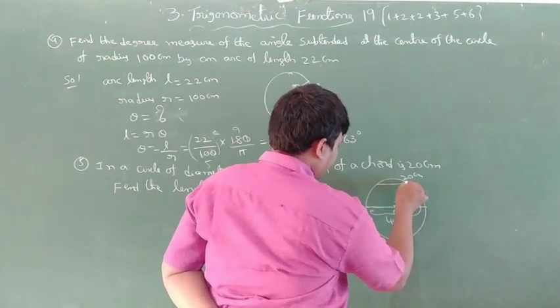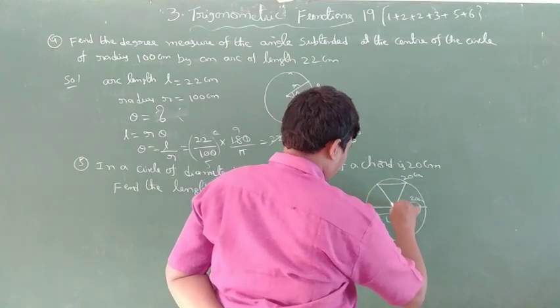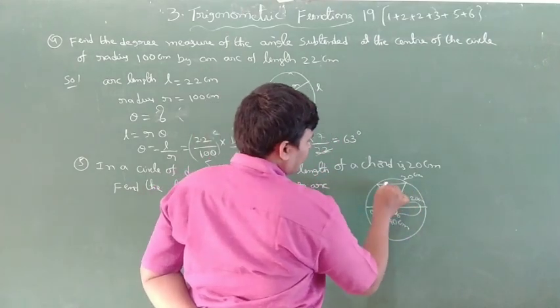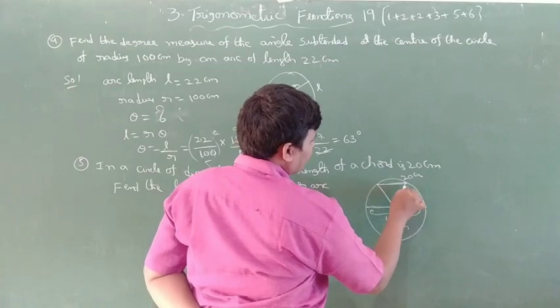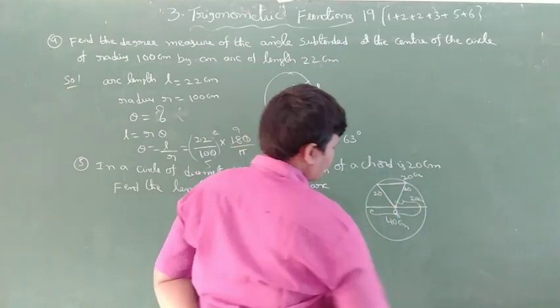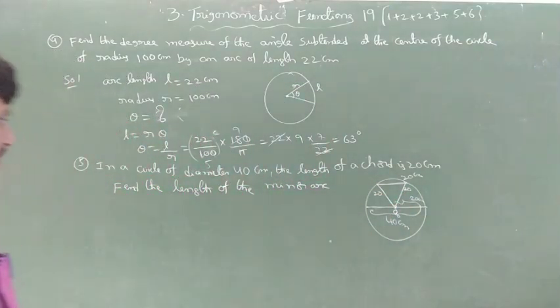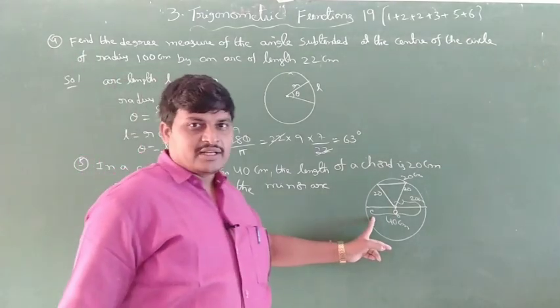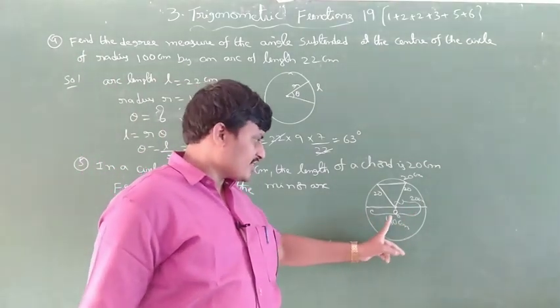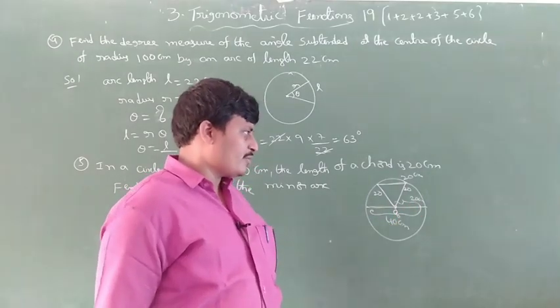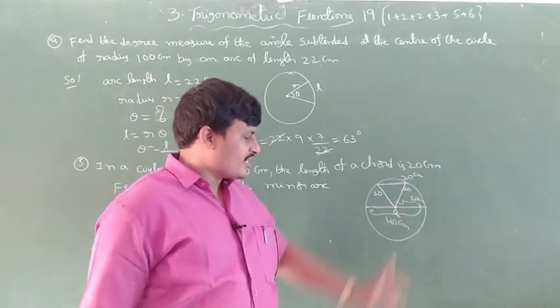This is the radius, also 20 centimeters. Understand? Diameter length is 40 centimeters, radius 20 centimeters, chord length 20 centimeters.